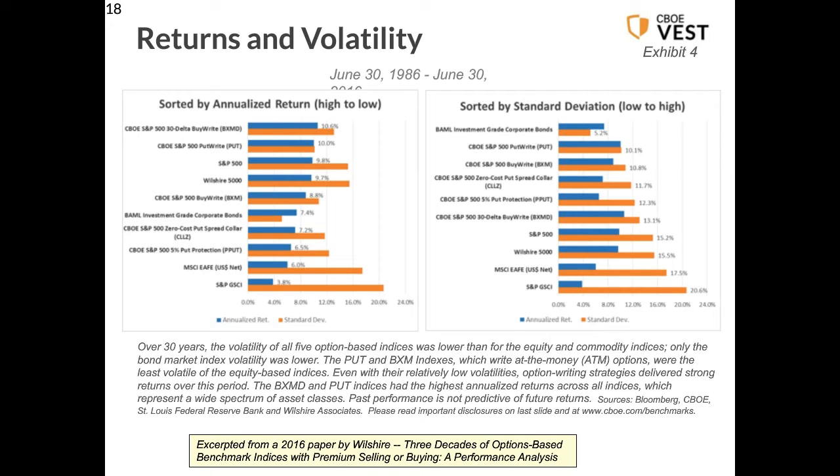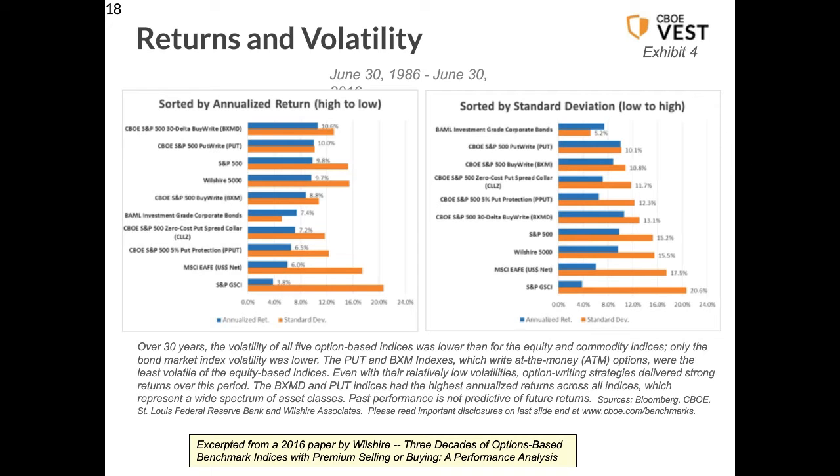The benefit of selling options, capturing this volatility risk premium, which comes through in BXMD and PUT, actually has delivered slightly higher returns than the S&P 500 with similar levels of risk. The other indexes also have lower returns but lower risk profiles.